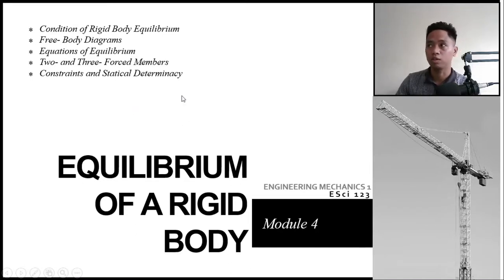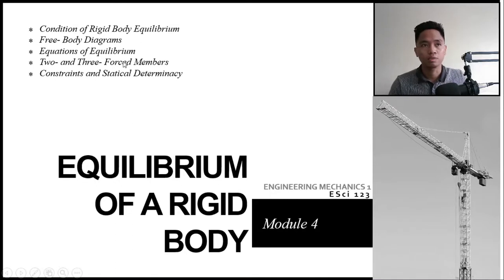So we were just dealing with particles, like a very small particle with a considerable weight. But since we are dealing with rigid bodies, most of the time we are dealing with the body itself, like beams, frames, columns, and all. Then lastly, we will deal with equations of equilibrium.